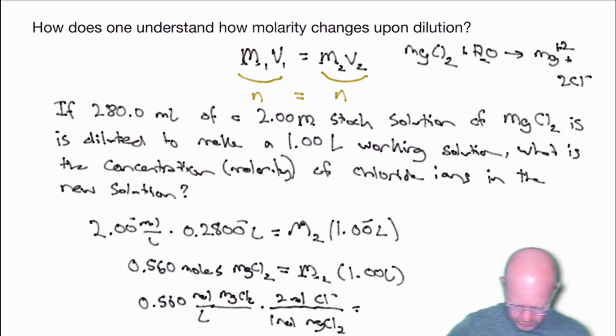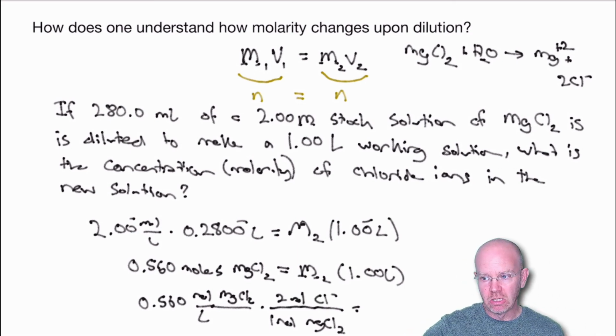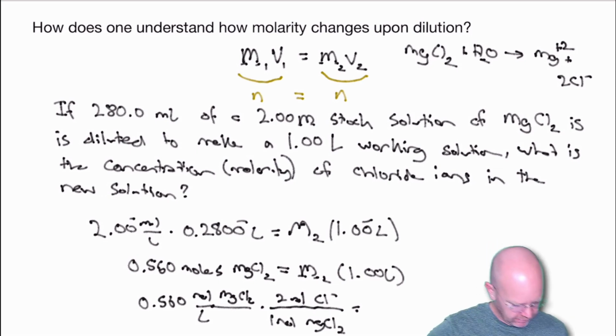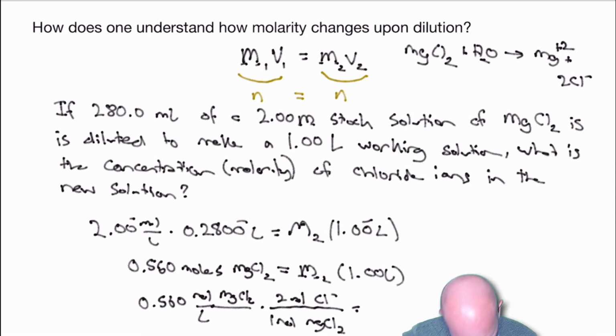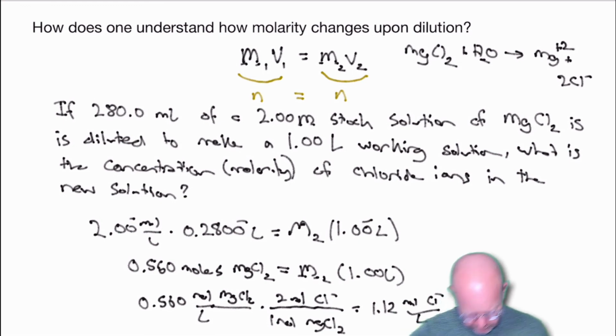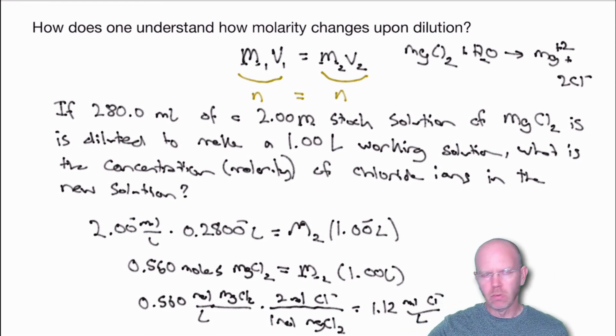So if what we want is the concentration of chloride ions, we need to go ahead and multiply by that 2. So let's do it. That answer times 2 is 1.12 moles of chloride ions per liter. So that's the concentration, 1.12 moles per liter of chloride ions.